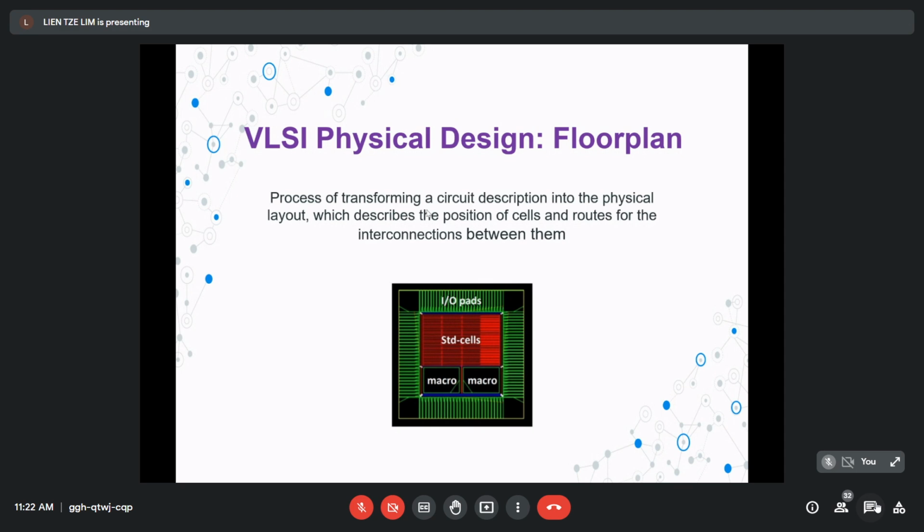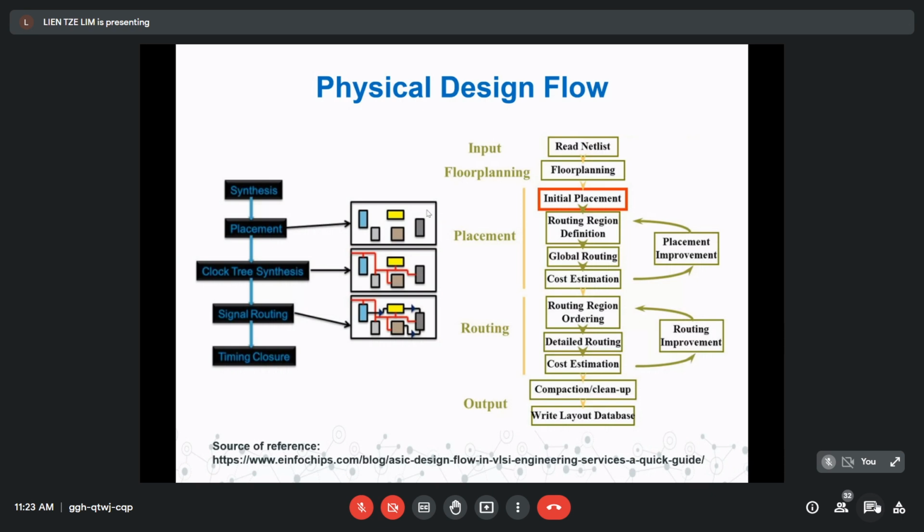In this topic, under VLSI design methodology, I will cover and emphasize more on the floor plan. The floor plan is quite important. It is under physical design, but I will not cover it today.